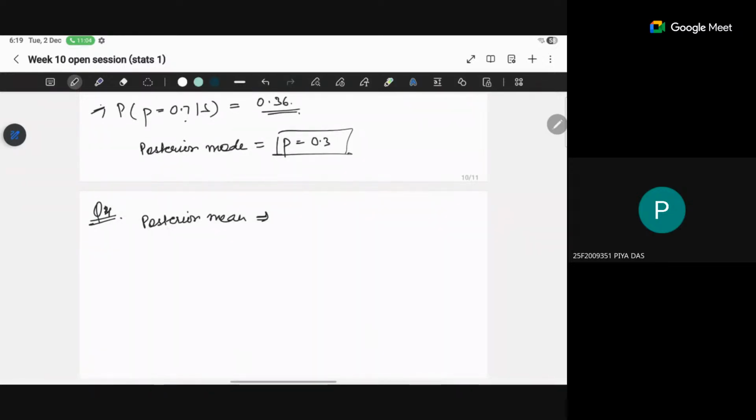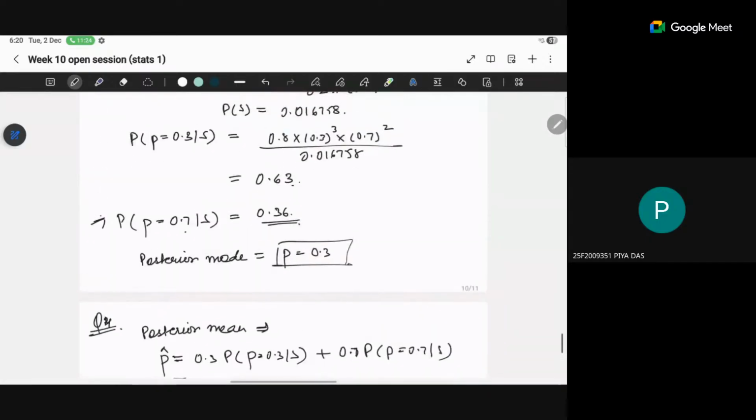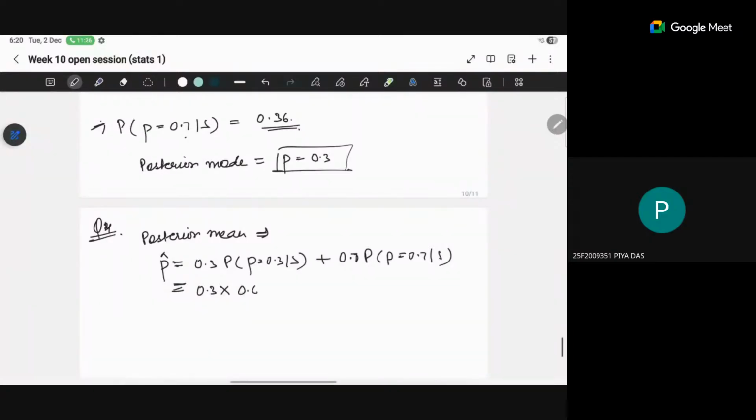Okay. Now, what will be my posterior mean? It will be 0.3 into the probability of P equals 0.3 given S, plus 0.7 into the probability of P equals 0.7 given S. If you calculate this value, what is it coming out to be? 0.3 into 0.63 plus 0.7 into 0.36.